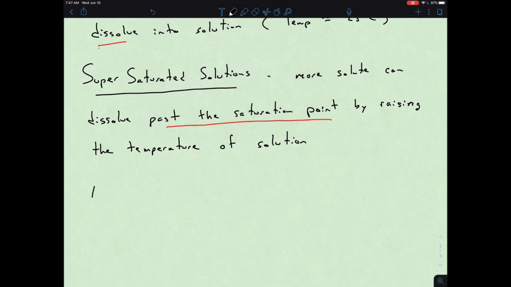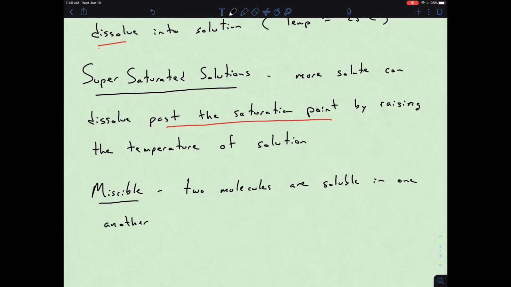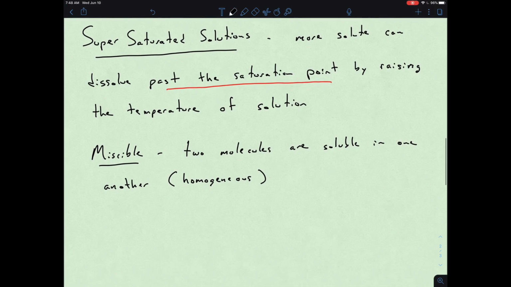We also have terms such as miscible. Miscible is where two molecules are soluble in one another. You could really think of this as homogeneous as well, just a slightly different term describing the same thing.